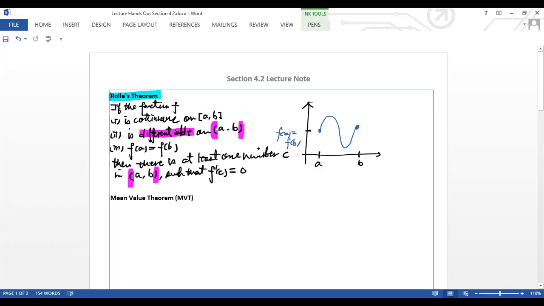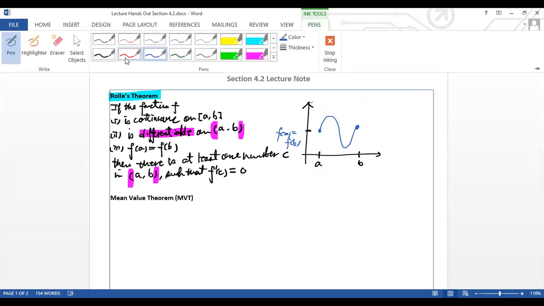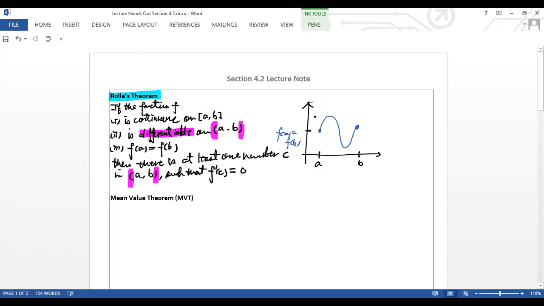Rolle's Theorem tells you that because it is differentiable, meaning I don't have any sharp corners, and it is continuous and differentiable, there is at least one point where the function has to turn. So you can find a tangent line with slope equal to 0.